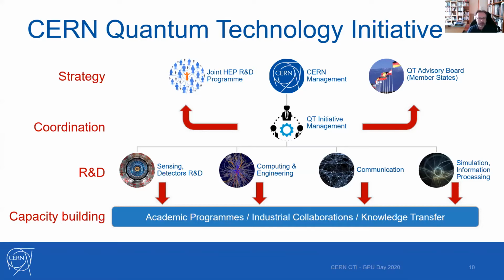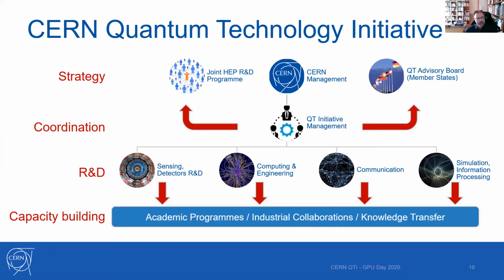There will be, for example, an advisory board composed of representatives, experts in quantum technologies across the member states to guide our investigation and align what the CERN Quantum Technology Initiative does with the programs in the different member states.